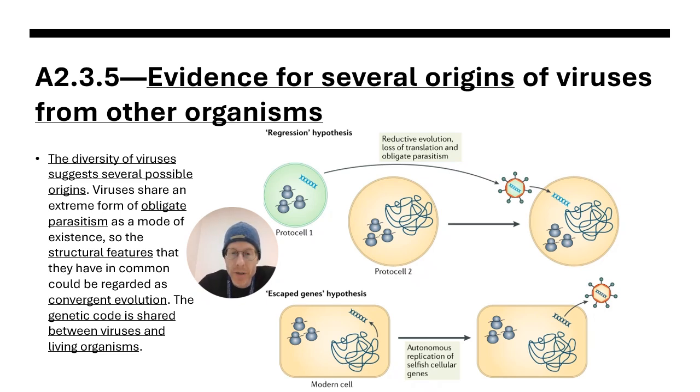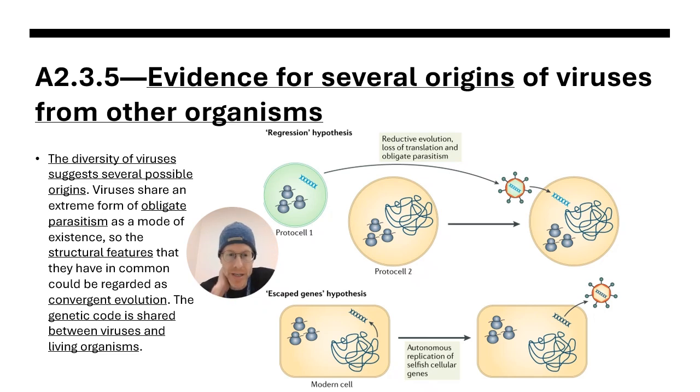The other thing we know about viruses is they use the same genetic code, the same nucleic acids genetic code as cells. And so that further supports the idea that they evolved from cells because they use the same genetic code.